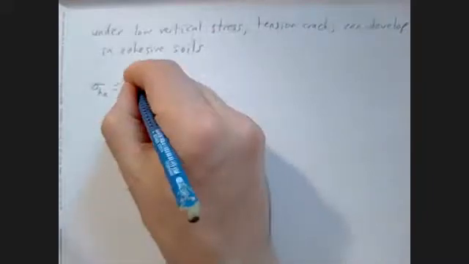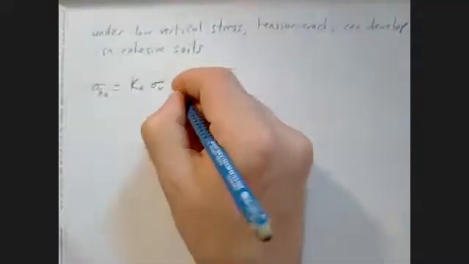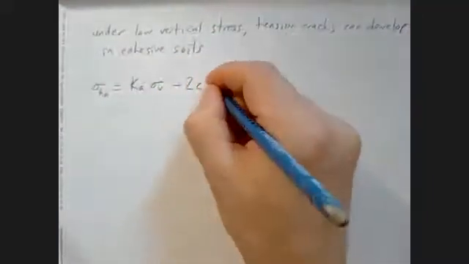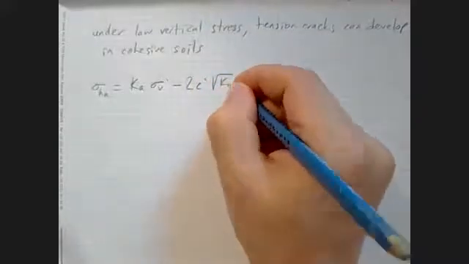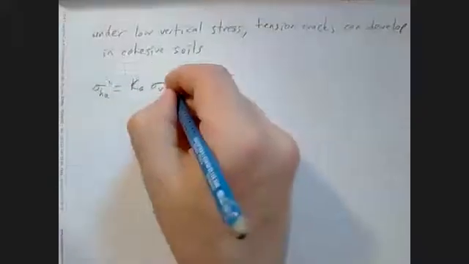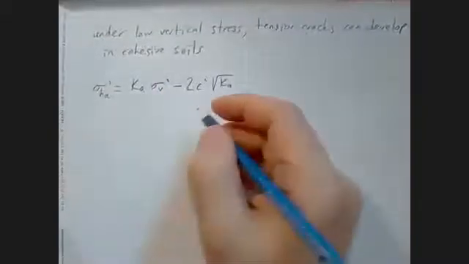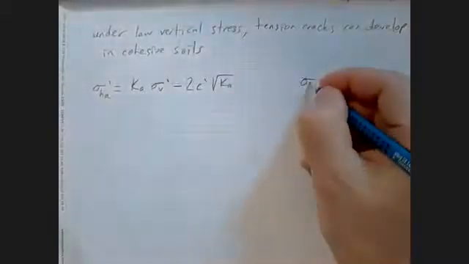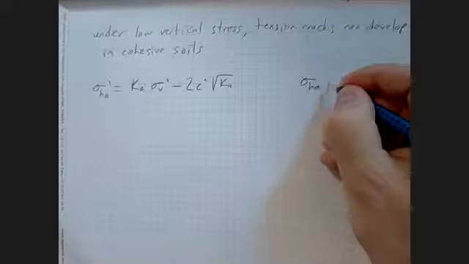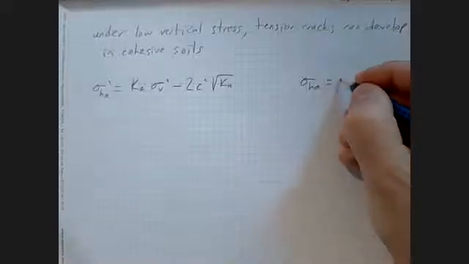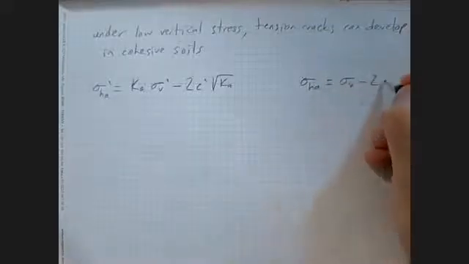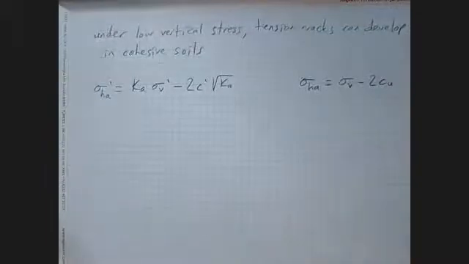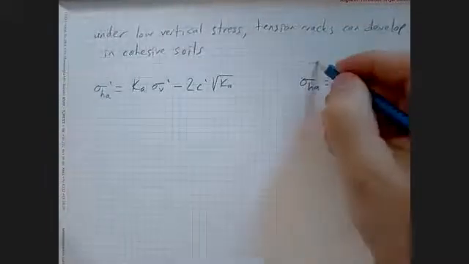Sigma horizontal active is Ka sigma vertical minus 2c prime square root Ka, so this is effective stress analysis, or sigma horizontal active is sigma vertical minus 2cu, this is total stress analysis.